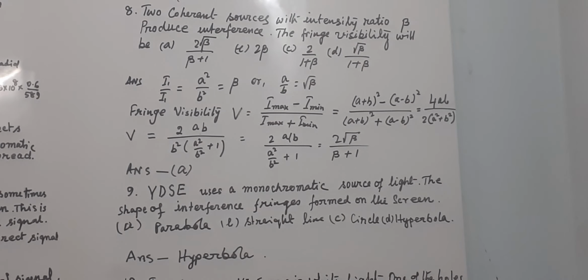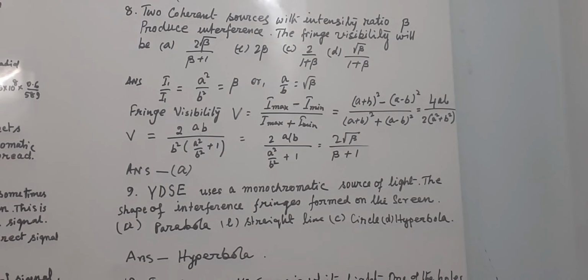Very important formula, that is fringe visibility V equals I max minus I minimum divided by I max plus I minimum. Now, we can put for I max, that is A plus B whole square, minus A minus B whole square. Solving this, with the denominator also known, we can get 4 AB over 2 into within bracket A square plus B square.